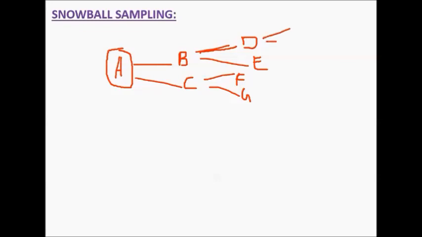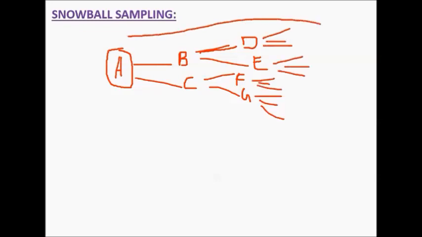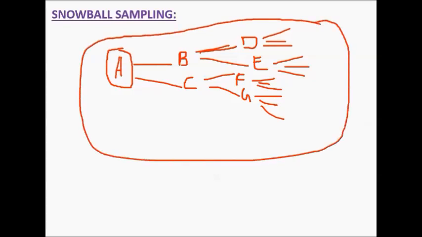They may suggest three more persons who have kitchen gardens. So in this way you are making a network. You need a network in snowball sampling. And in this way you will collect these sample units, these individuals, and then you will interview them.